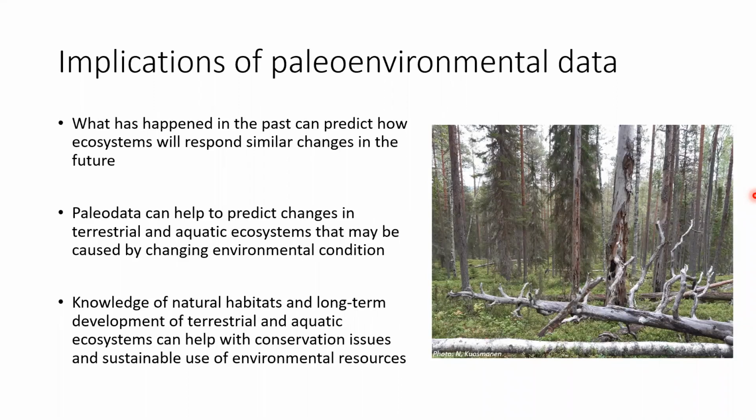For example, if we look at how the temperatures or the climate have changed and how animal or plant communities have responded to these changes, then we might make predictions about how similar changes in the climate might affect different vegetation communities or aquatic communities and so on.